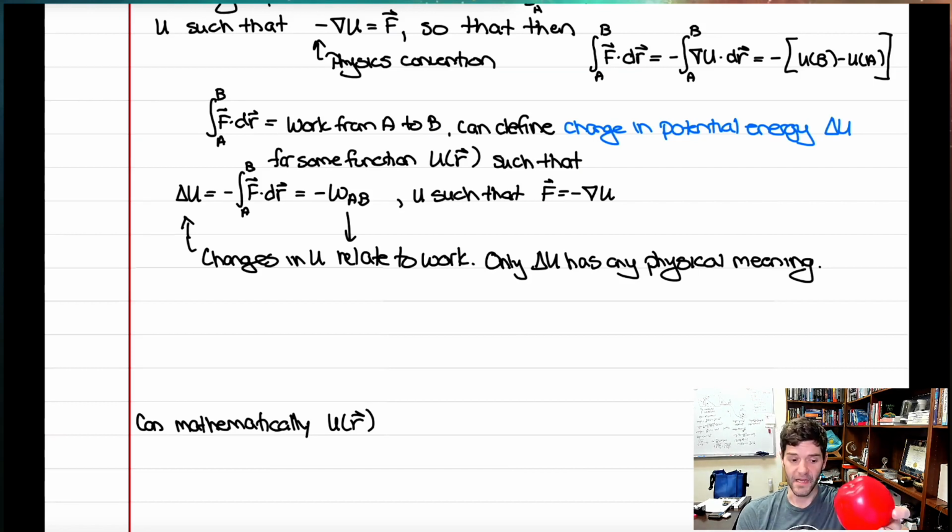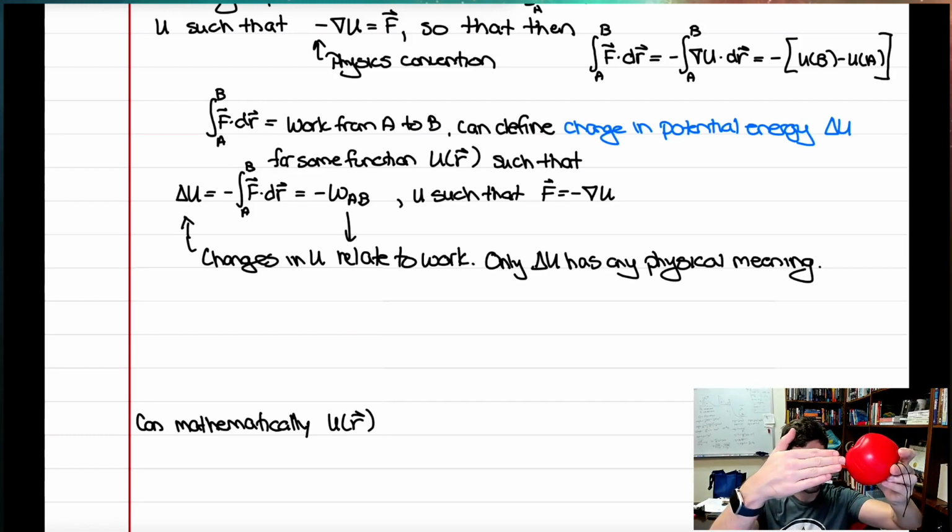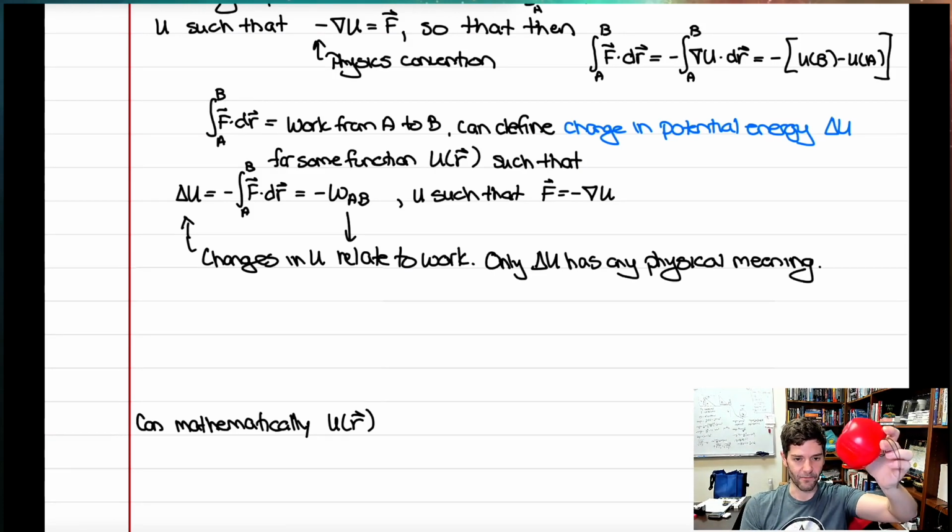It has some meaning if you tell me that it has 0 joules of potential energy when it's at the floor, because that is telling me in going from the floor up to this point, there's a change in potential energy of 5 joules, which means the amount of work it can do in going from my hand to the floor is 5 joules of work on an object. Just saying that it has 5 joules right here doesn't mean anything unless you give me some context of what it means to have 0 joules of energy.